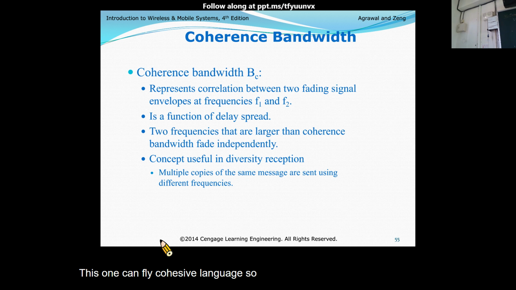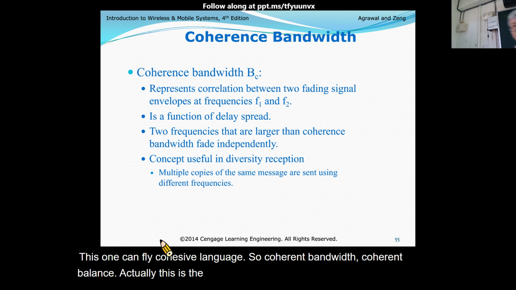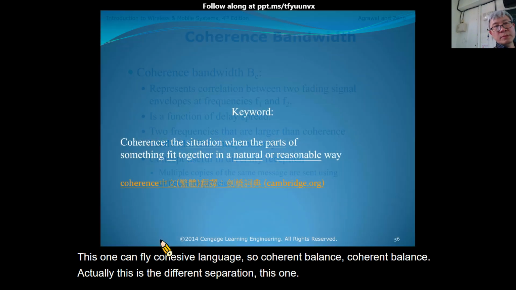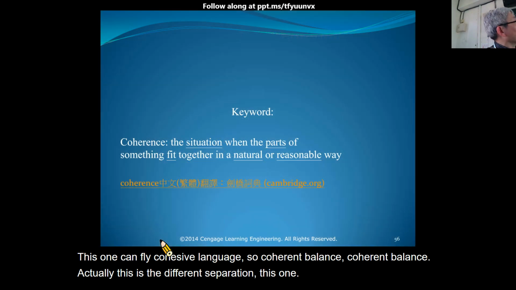To study the signal envelope at different frequencies, the difference is called the coherence bandwidth. For the others, I think you can check them. You can check the real meaning if you don't think this one fits the current discussion.